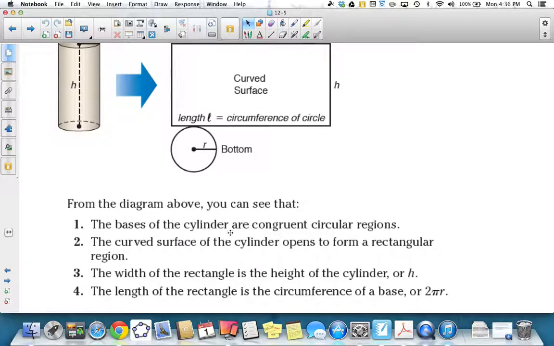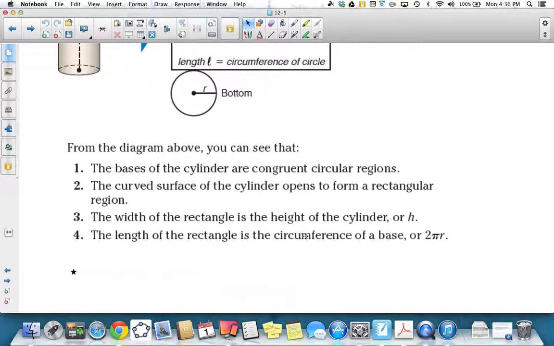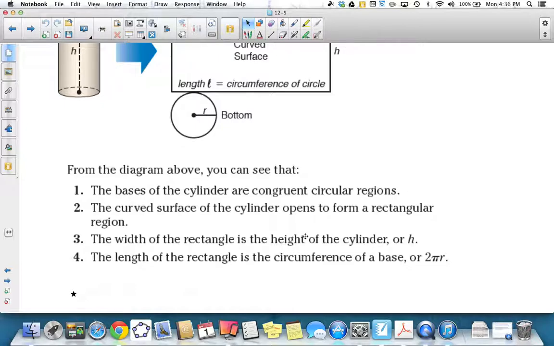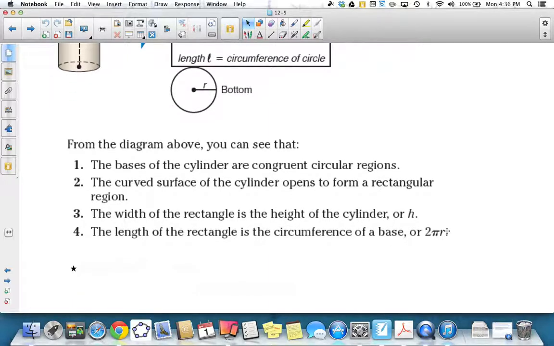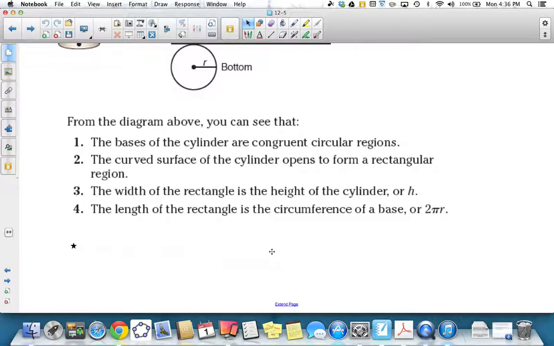So this is what we know. The bases of the cylinder are congruent circular regions. The curved surface opens up into a rectangular region. The width of the rectangle is the height of the cylinder, or h, and the length of the rectangle is the circumference of the base, 2 pi r, which is the formula for circumference.